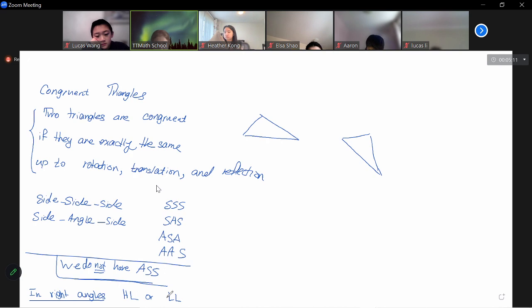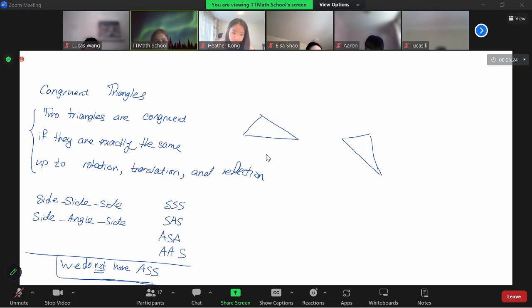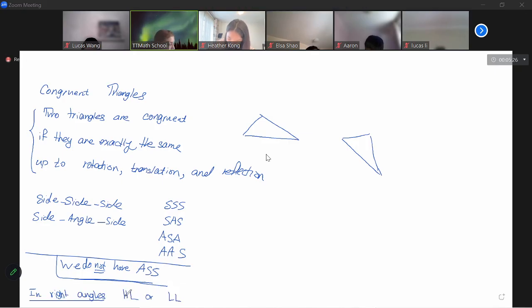If the two legs are the same, basically it's going to be side angle side, because the two legs are the same and the angle between them is just 90 degrees. Or hypotenuse leg. So if any of this happens, then the two triangles are congruent triangles. Okay, let's go ahead without any delay. We look at some examples, okay?